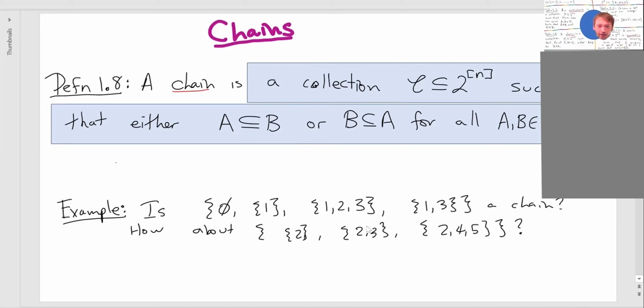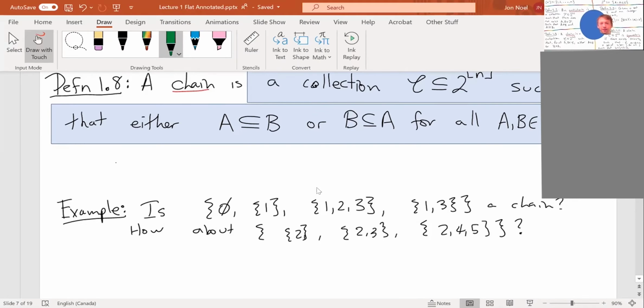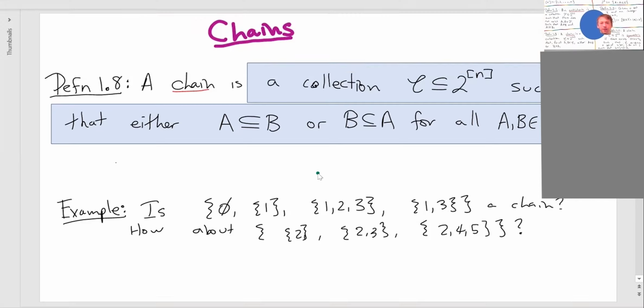So is this a chain? The first one this time, I guess, is yes. Checking that something is a chain is easier than for an antichain. You just start with the smallest sets. The smallest set has to be contained in the second smallest set, which has to be contained in the third smallest set, which is over here, 1, 3.